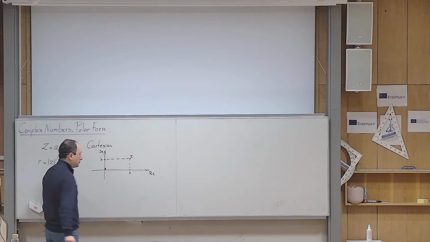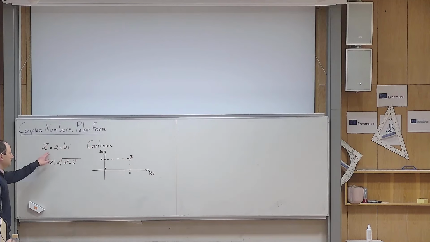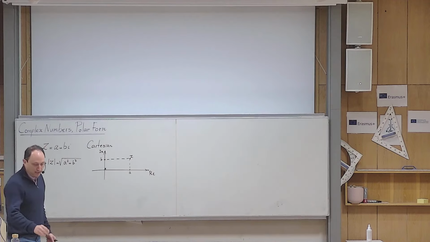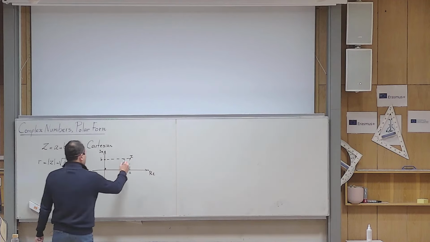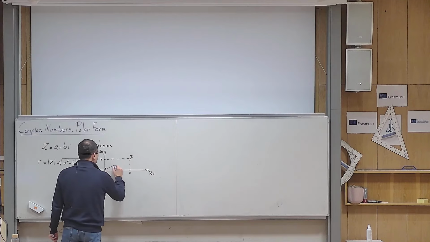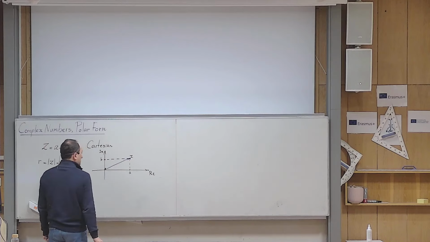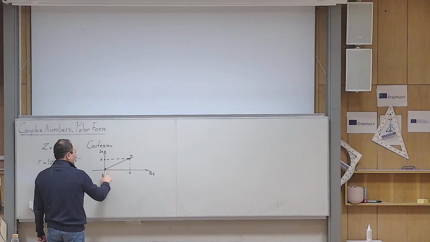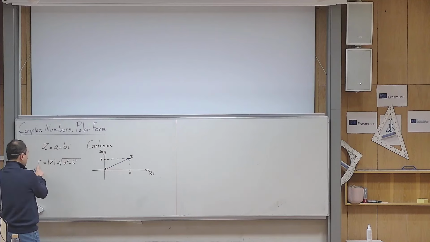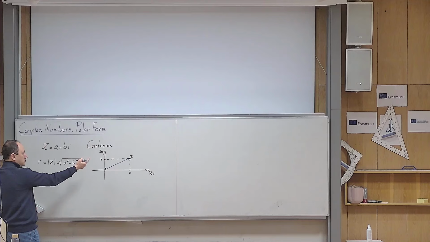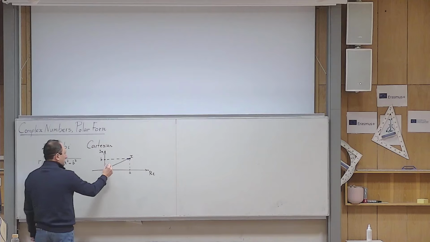That is the point representing this complex number. Now if you take this point and connect it to the origin, you can denote it by that vector. If I ask you what is the length of this blue vector, that is exactly the absolute value. That's the distance from the point to the origin, and that is exactly the absolute value, or in this context I call it r.